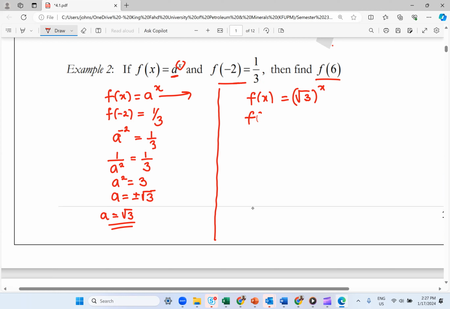Then we can find f of 6, which is just root 3 all to power 6, which is 3 to power half all to power 6. And this is 3 to power 3, and this will give you 27.